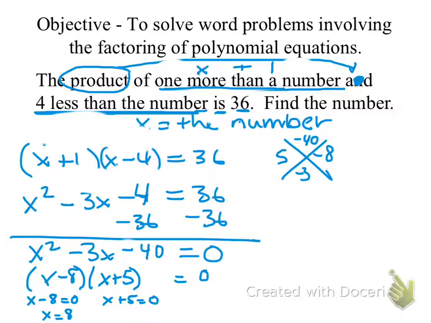Positive 8 is the additive inverse, and x equals negative 5. So my solutions are negative 5 and positive 8. Questions? Okay. Questions? All right, moving on.